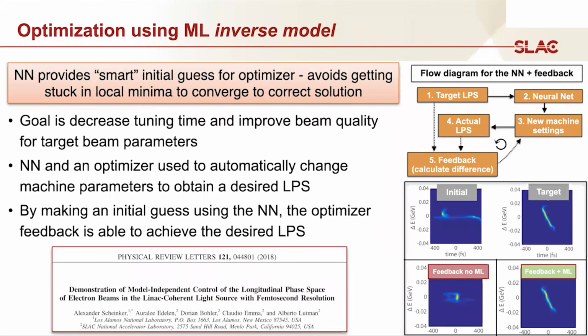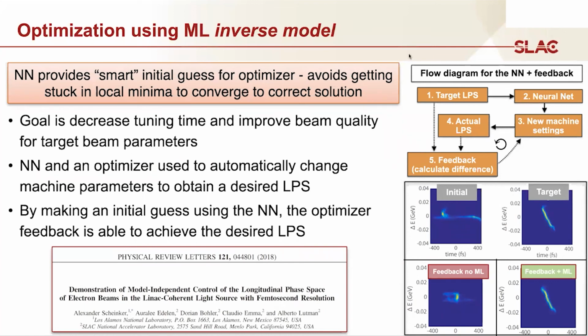And now finally, one example of optimization using machine learning-based inverse models was taken from the same actual shift at LCLS that I discussed a few slides back. But in this case, you want to use the machine learning model in reverse.